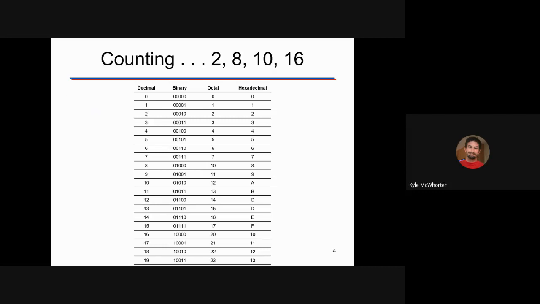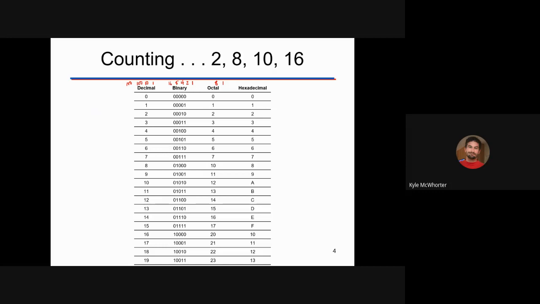in a decimal number, it was the 1s and then the 10s and then the 100s place and then the 1000s place. In binary, it was the 1s place and then the 2s and then the 4s and then the 8s and then the 16s and so on. For octal, it's going to be the 1s place, the 8s place, and then these are all powers, right?